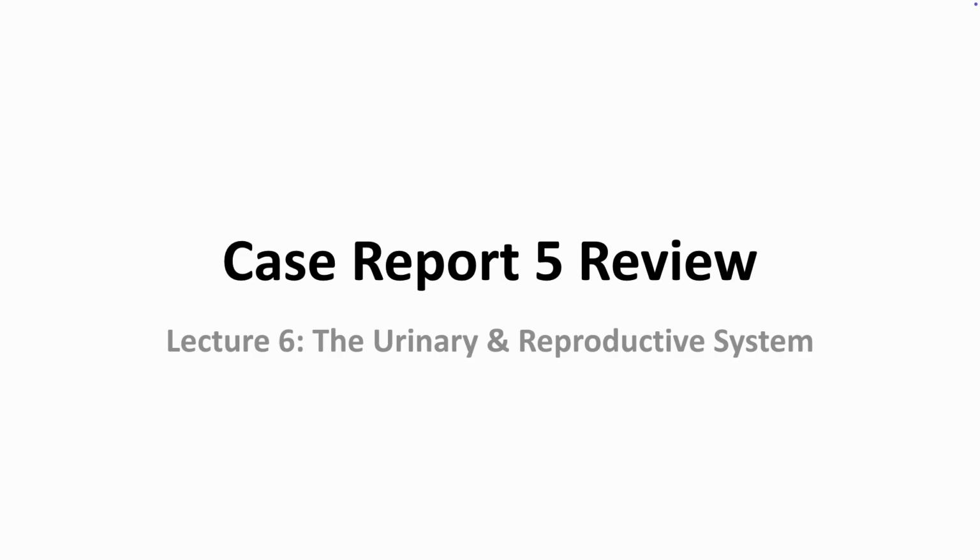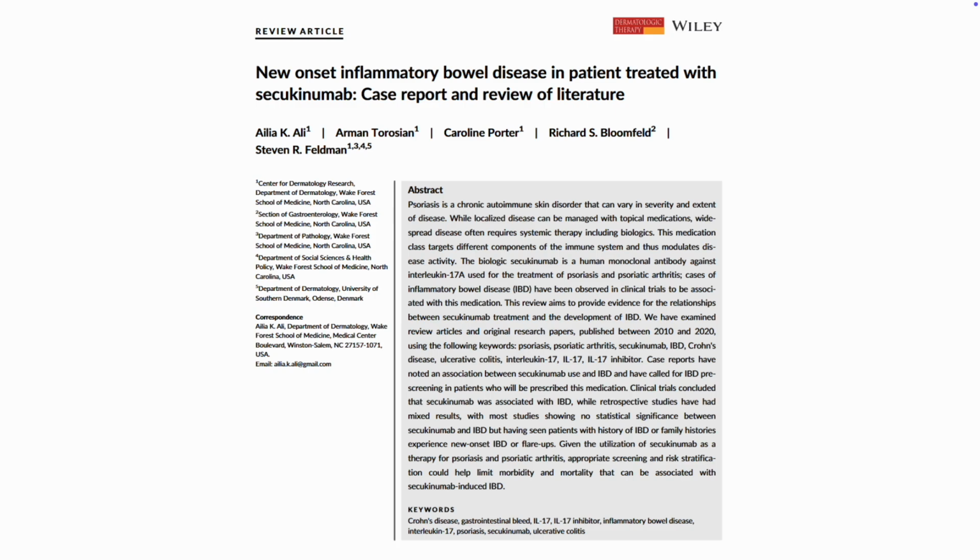But case report 5, I think this is the first time I'm actually getting to the review of the case report because I was so tight on time. It was the one on inflammatory bowel disease, and they had previously been treating this patient with secukinumab, which is a treatment for psoriasis.